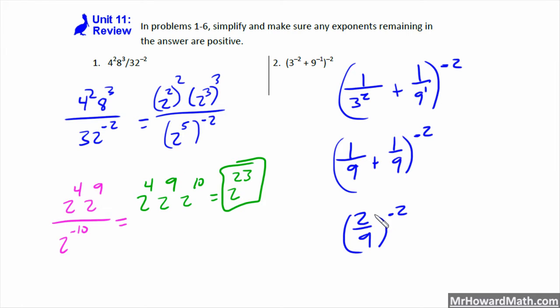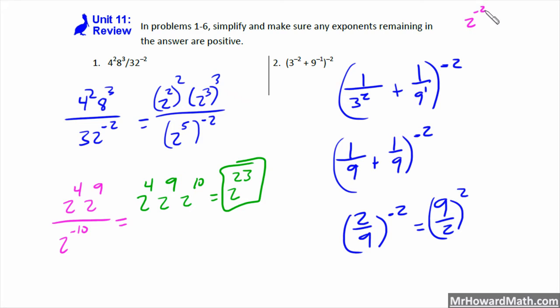So then we can bring the negative 2 exponent into the numerator and denominator, or our shortcut was take the reciprocal of the fraction, 9/2, and raise it to the positive exponent. You'll get the same answer, you'll get to the same place. This is just a little faster because, let's off to the side here.